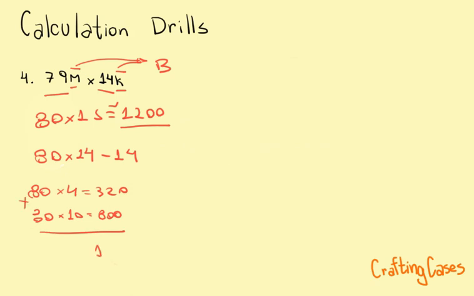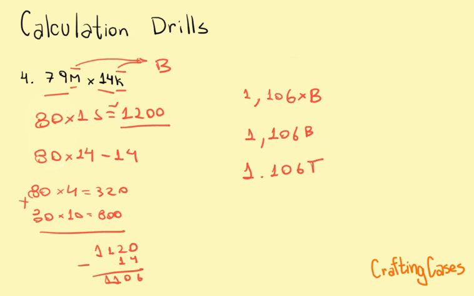Add these up, we get 1,120 minus 14, 1,106, times billion, or 1.106 trillion, and this is the result.